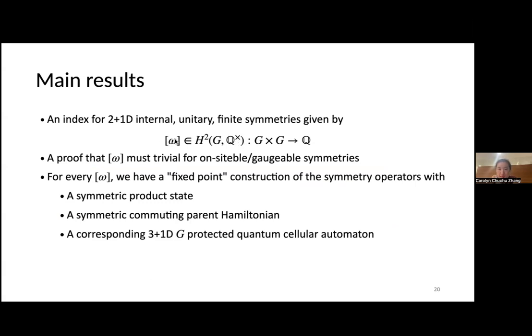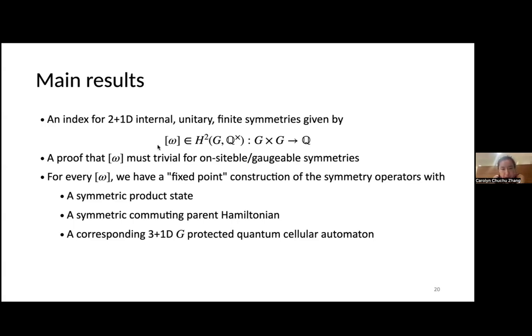What this omega is, it's a function from G cross G, so it takes in 2 group elements and gives you a rational number. And we'll see that this rational number is actually related to quantum cellular automata, QCA, in 1+1D. So there are different kinds of 2+1D internal unitary finite symmetries, and they can be labeled by this index, this 2 cocycle that takes in 2 group elements and gives you a rational number.